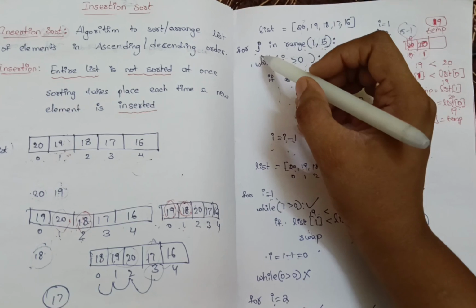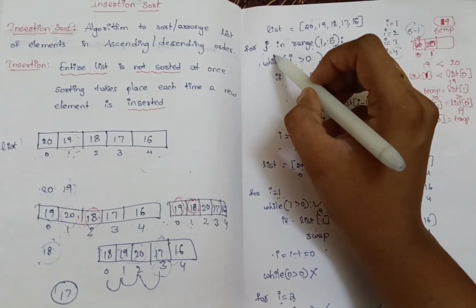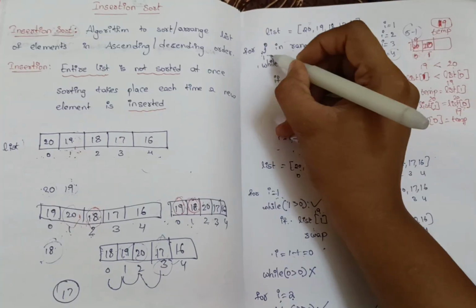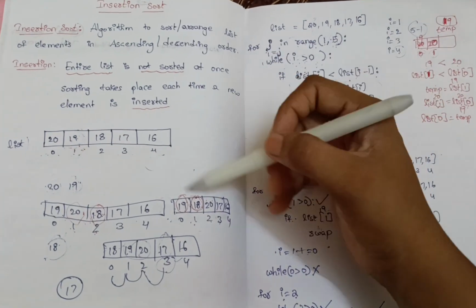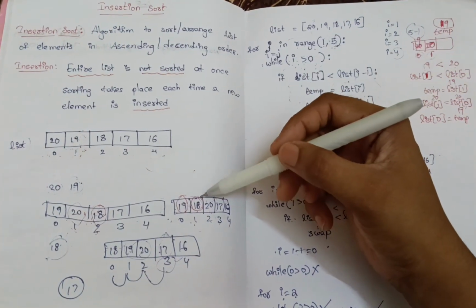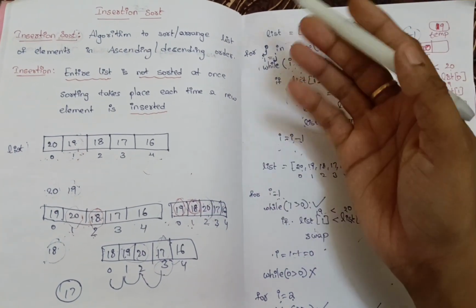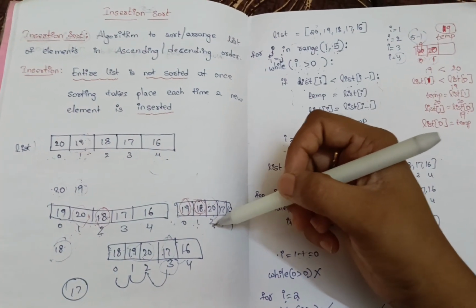I want to differentiate it. Every time a new insertion happens, we have to make i as j, the i value as the j value. That means we have to start going back from the current insertion position.